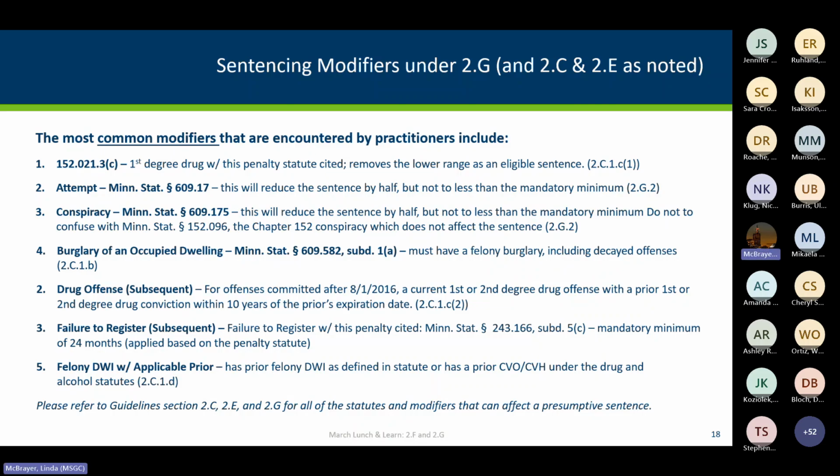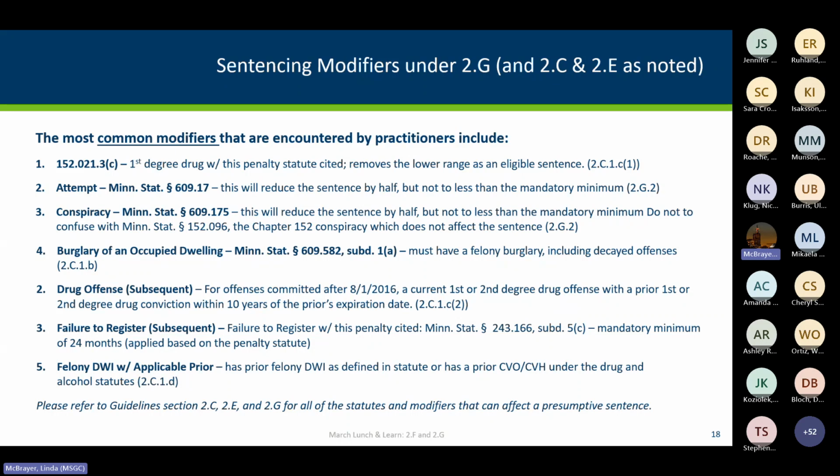The sentence might be 18 months, and then you apply the attempt to it. That sentence is then 12 months, because 12 months is the minimum felony sentence.